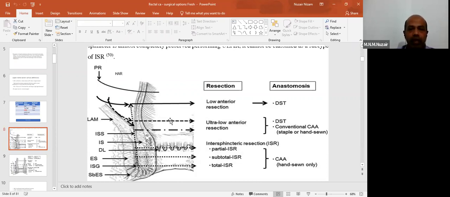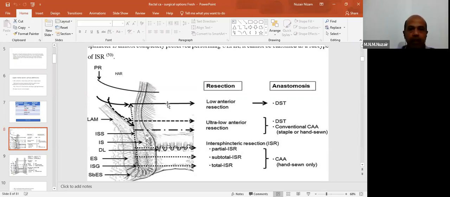Ultra low anterior resection is at the level of the anorectal junction, that is, the surgeon's anorectal junction. If you anastomose at the level of the anorectal junction, we call it ultra low anterior resection. Low anterior resection means we do an anastomosis between the peritoneal reflection and the anorectal junction.